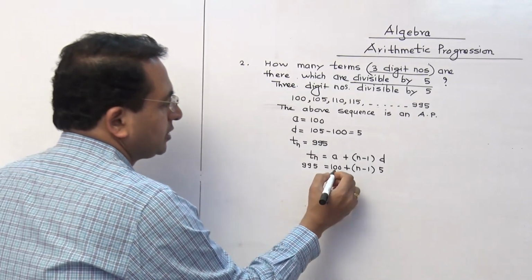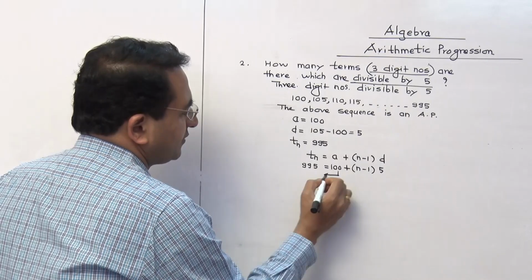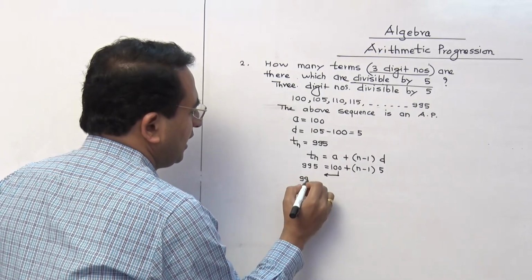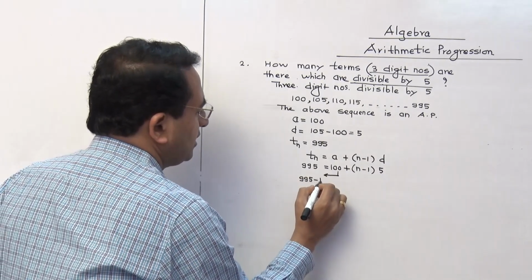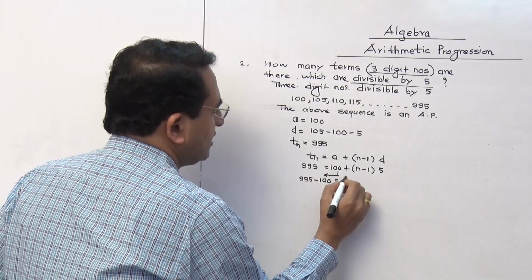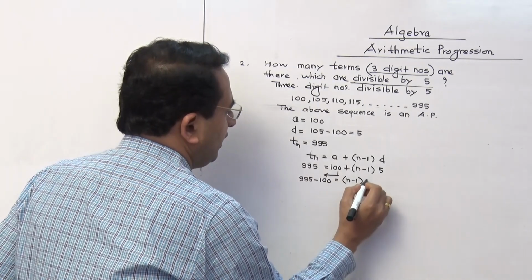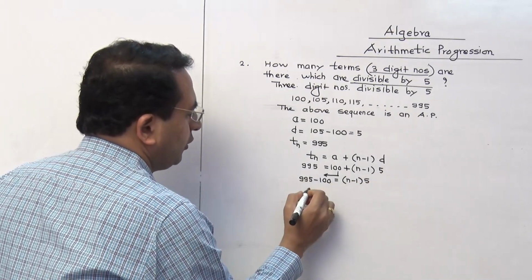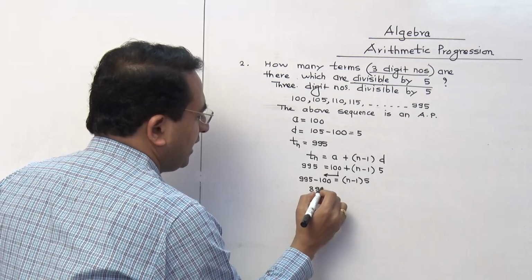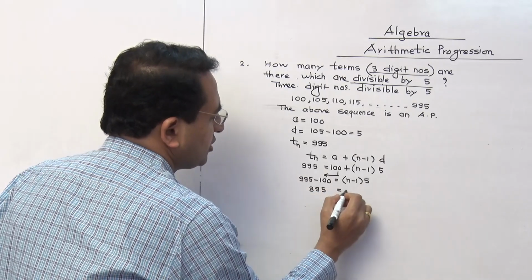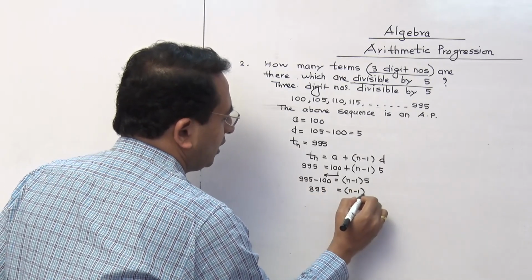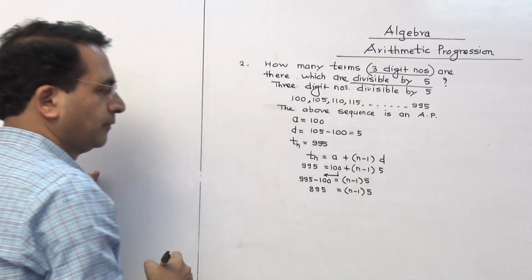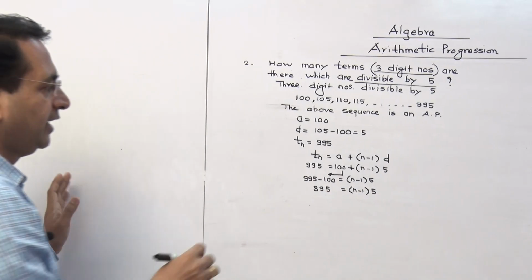Now we have to solve this to get the value of n. 100 is transferred to the left-hand side, that is 995 minus 100 equals n minus 1 into 5. This number we get as 895, equal to n minus 1 into 5. What should be done after that?